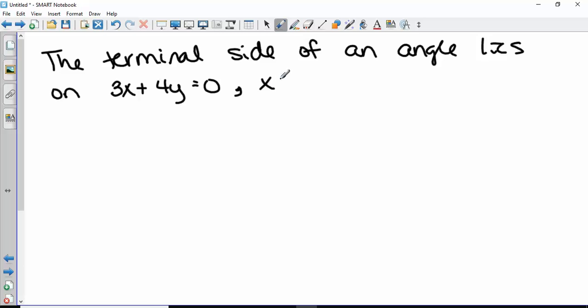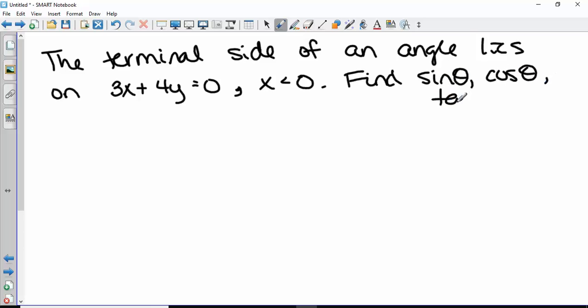Let's say x is less than 0. I don't want sine, cosine, tangent yet. So you can take any x value you want as long as it meets the requirement, which is that it is less than 0. So we need an x that is negative.